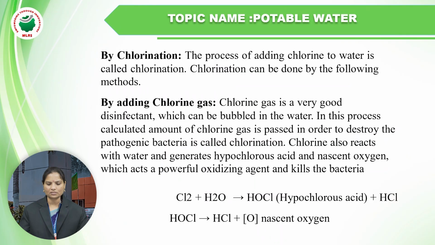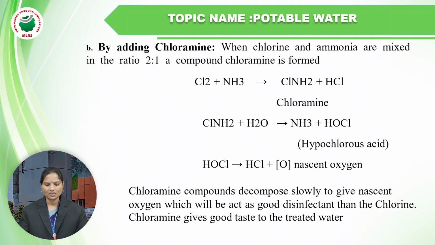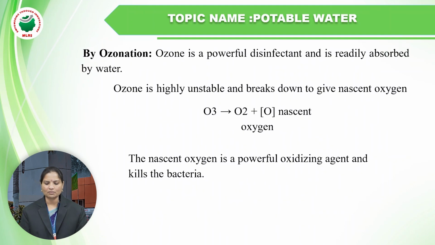Then we go to one more process, our ozonization process. So what is meant by the ozonization process? In this process, we pass ozone. Ozone is an unstable isotope, so it splits into O2 plus nascent oxygen.